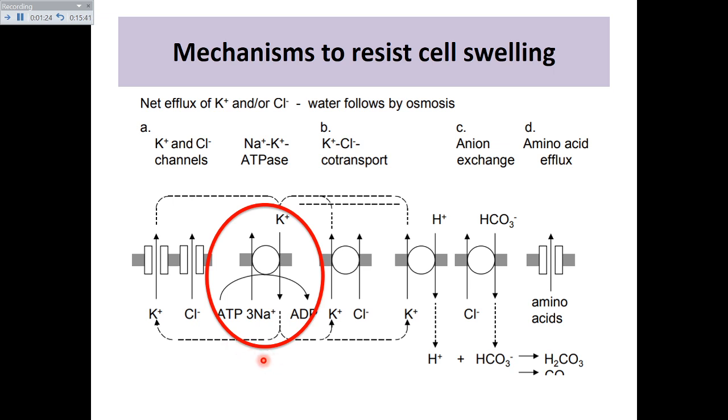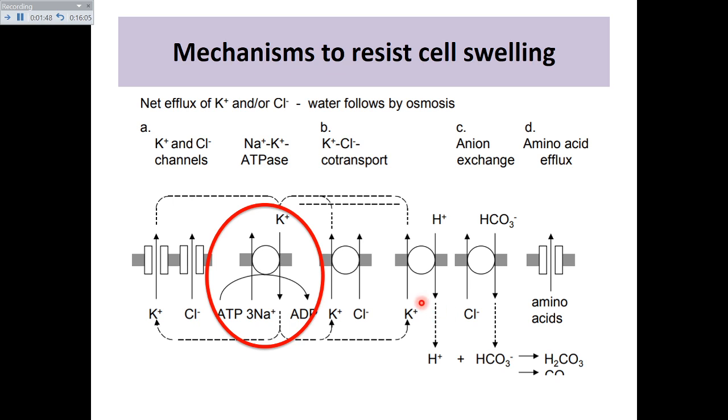Okay, here by Na-K ATPase potassium inside is high, increased. So there will be movement of potassium through the potassium channel, and it will also activate a co-transporter of potassium and chloride. When potassium goes out, chloride follows through this transporter. Also when K goes out, H will come in.